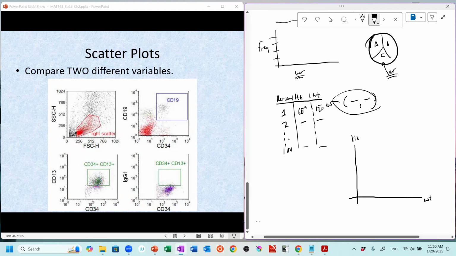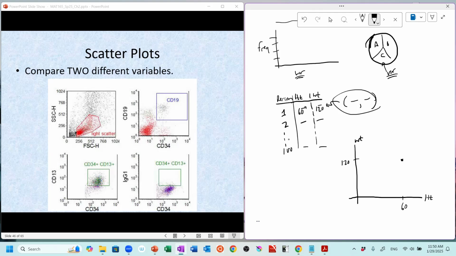Let me write these the other way, height and weight. So I could have a measurement of 60 on this height axis and a measurement of 120 pounds on this weight axis, and there's my point 60, 120.